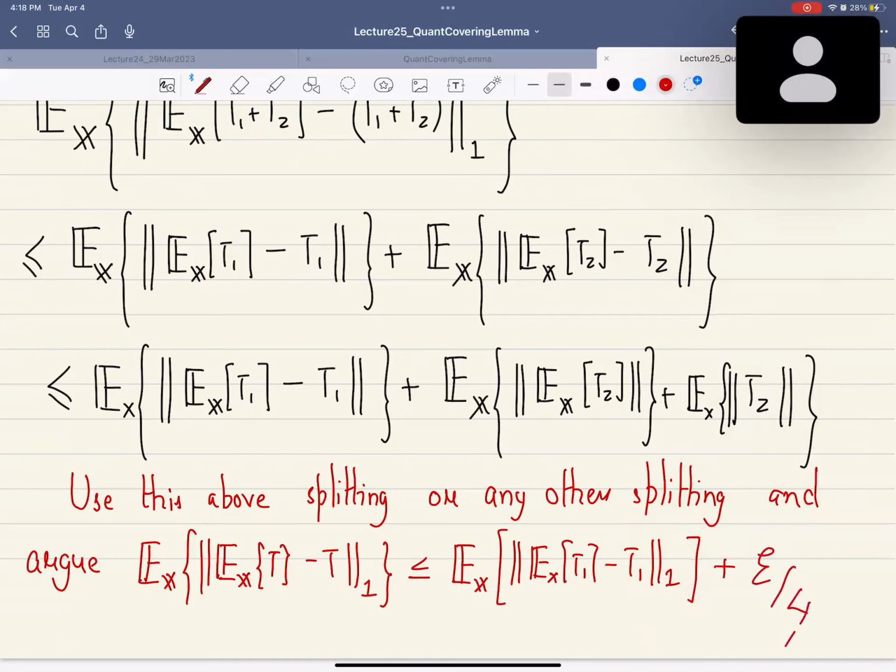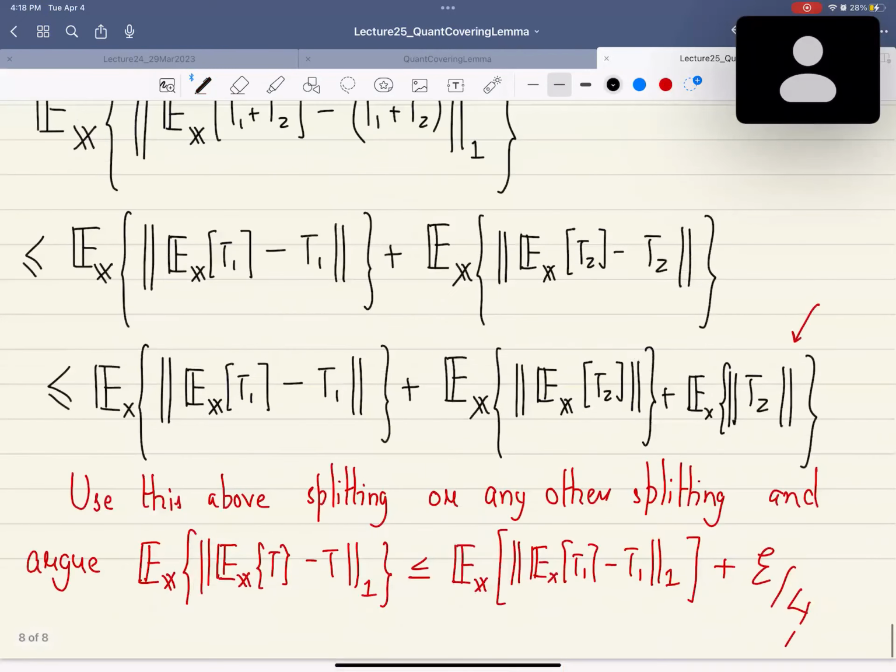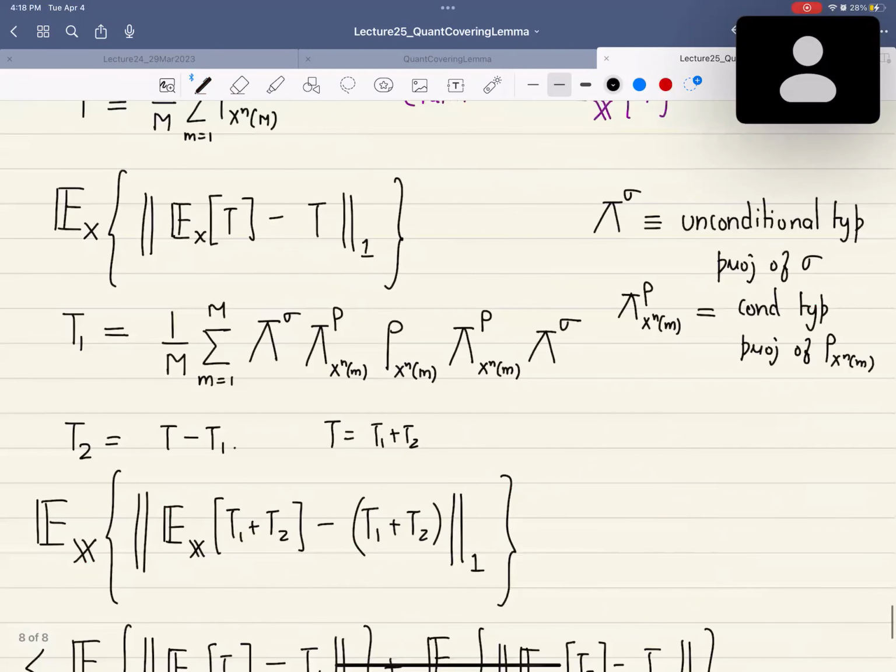The rest of the terms you can kill down. You will use the gentle measurement lemma, measurement on close states, and conditional typicality, and you will show that the second term is small. This is homework. The hard part is the first term. The first term contains all the mass, so I'm going to focus on the first term.